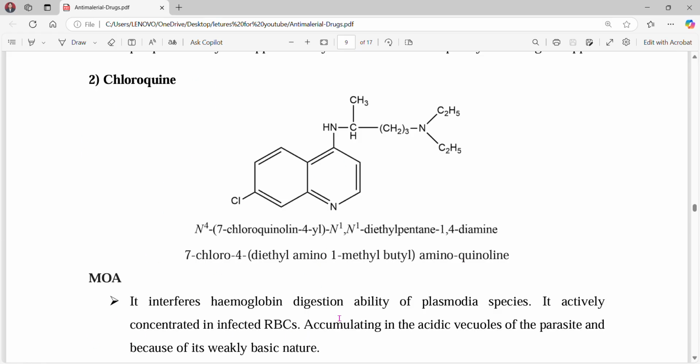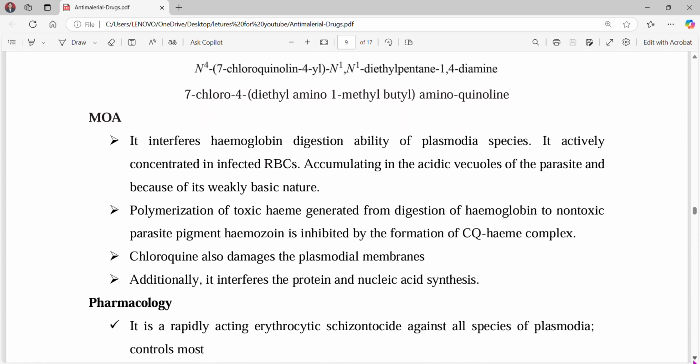chloroquine. The mechanism of action of chloroquine: this is the structure of chloroquine, containing 7-chloro, 4-diethylamino, 1-methyl butyl amino quinoline. It interferes with hemoglobin digestion by the Plasmodium species, is actively concentrated in the infected RBCs of the parasite, and accumulates in the acidic vacuoles of the parasite because it is weakly basic in nature.